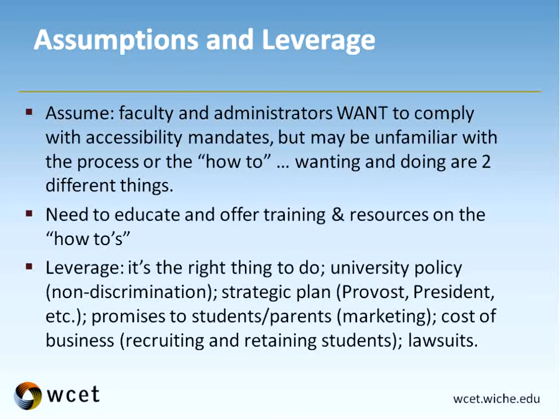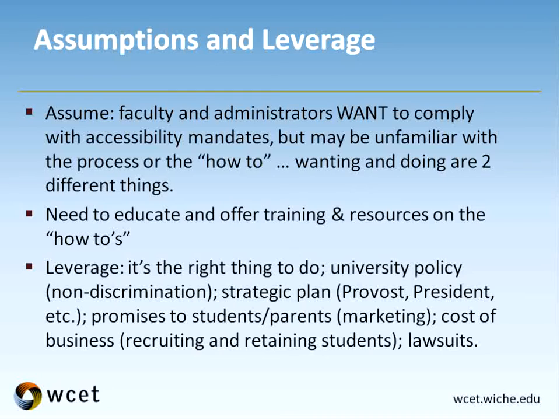One of the things that we attempt to do is leverage cooperation and collaboration with faculty and staff by existing processes. It's certainly the right thing to do to make sure that things are in fact accessible to all students and to all visitors and faculty and staff.